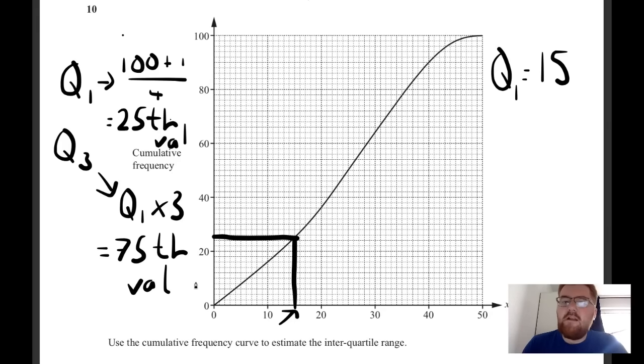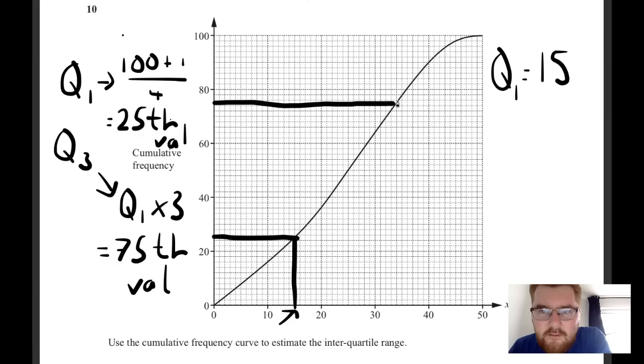Okay, there we are. So then we go up to the 75th value, or 75.75th value. So 62, 64, 66, 68, 70, 72, 74. So it's here. If I read off the graph here, hopefully you can follow my horrible line going across.